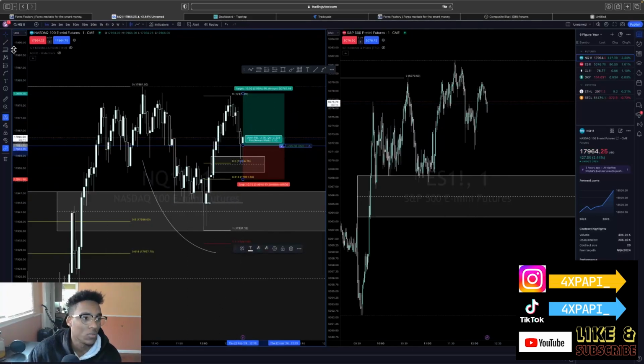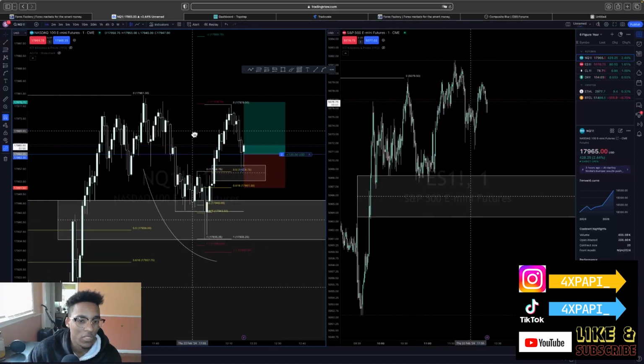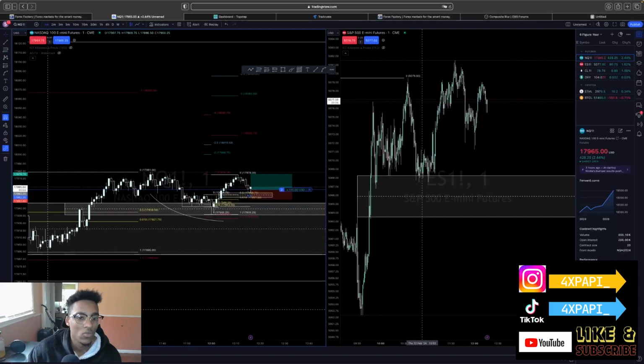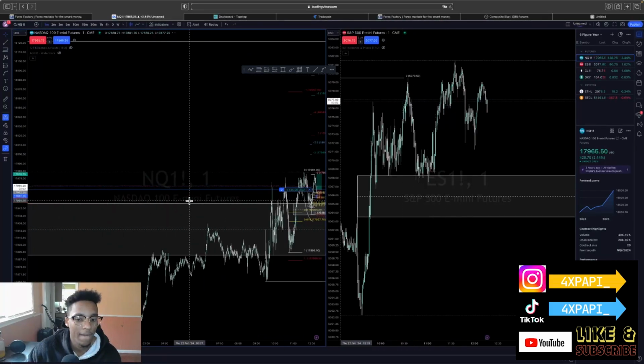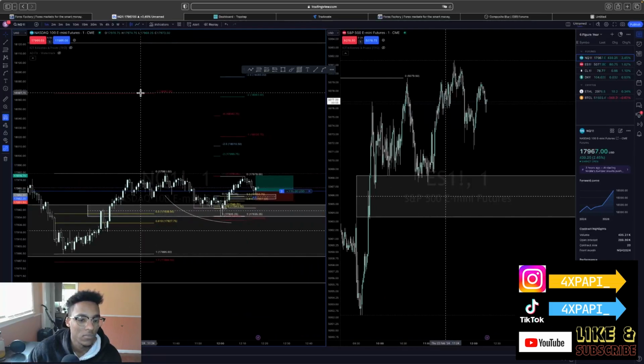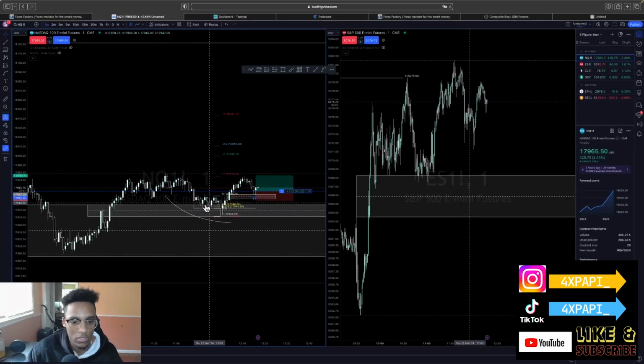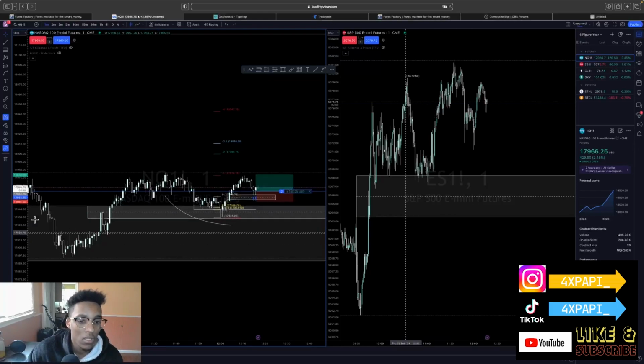And then also what we're going to do is draw in our standard deviation for the manipulation move to see where we can target. So we're going to draw out this standard deviation.